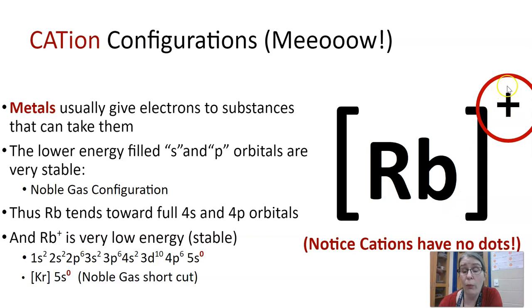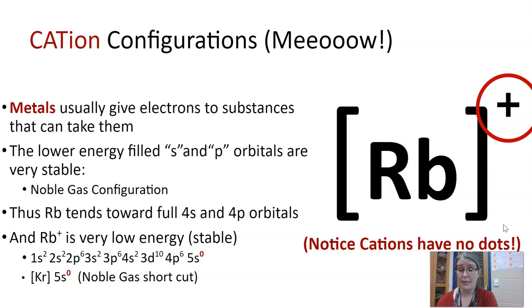And since I took away one electron, I have fewer electrons than protons now. And so now I have a positive charge. So rubidium is 1 plus.